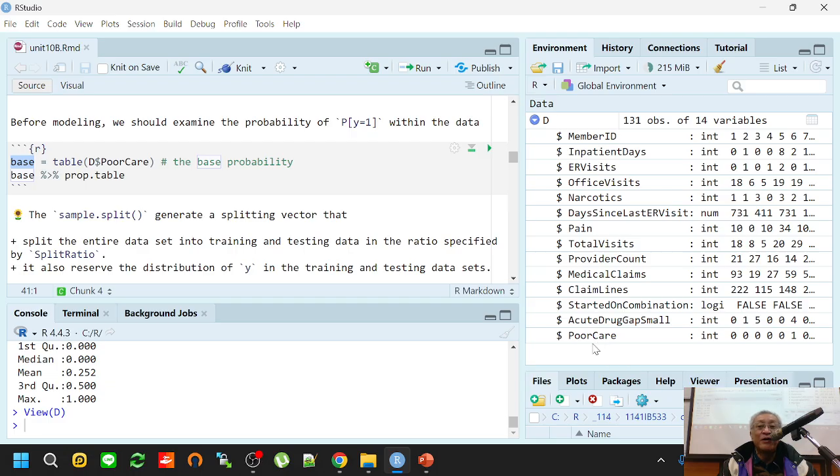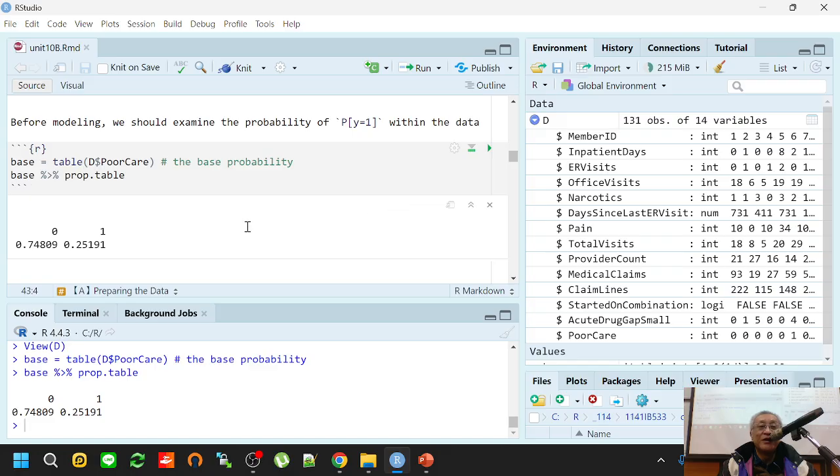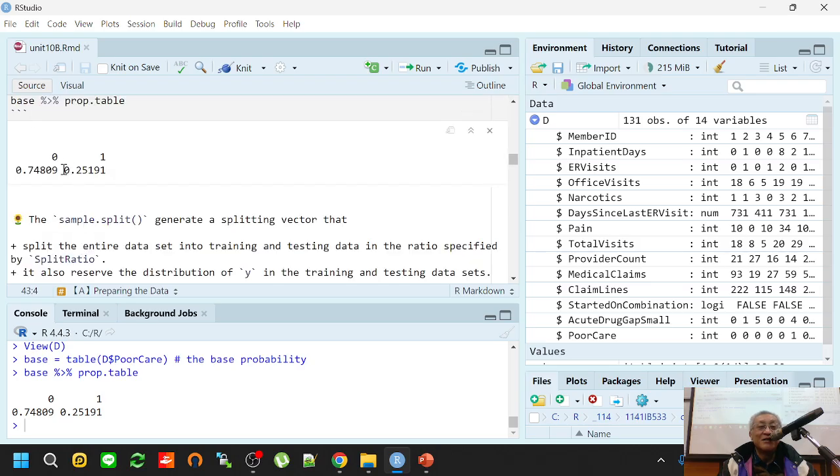We care about the probability of poor care, so we can do a table, and a proportional table. As you can see, the base probability of poor care is about 0.25. Okay, so this is no model.